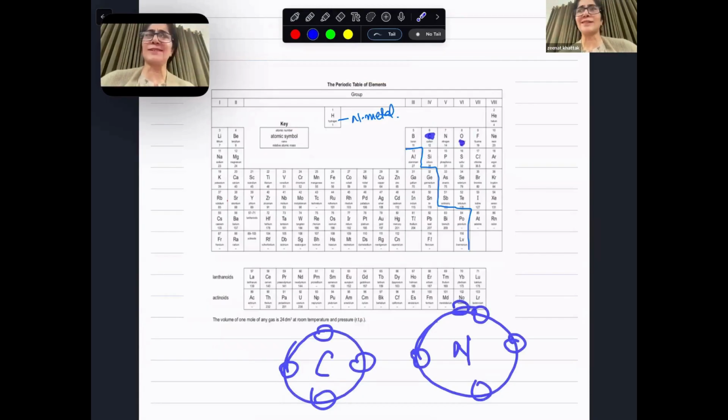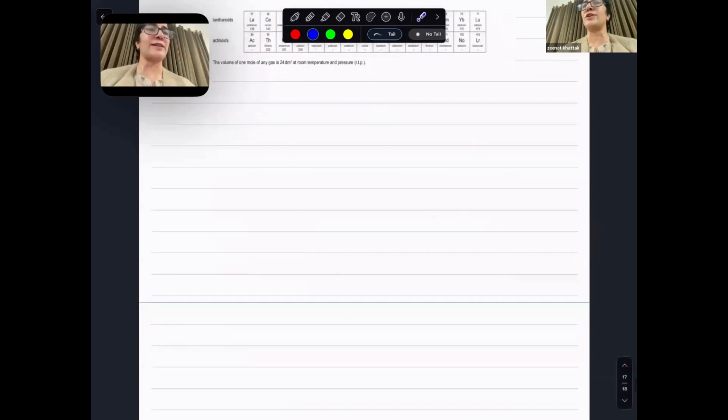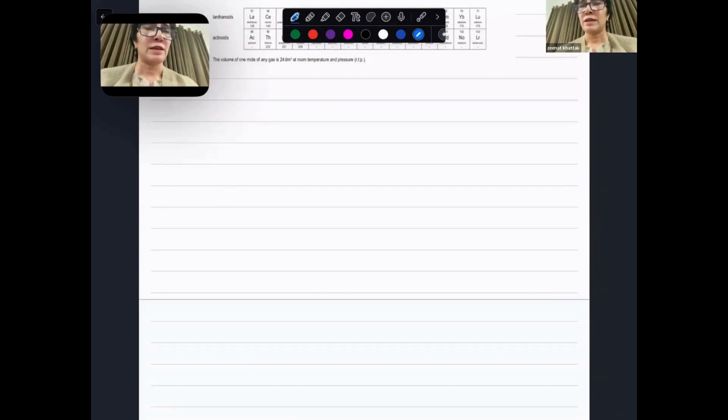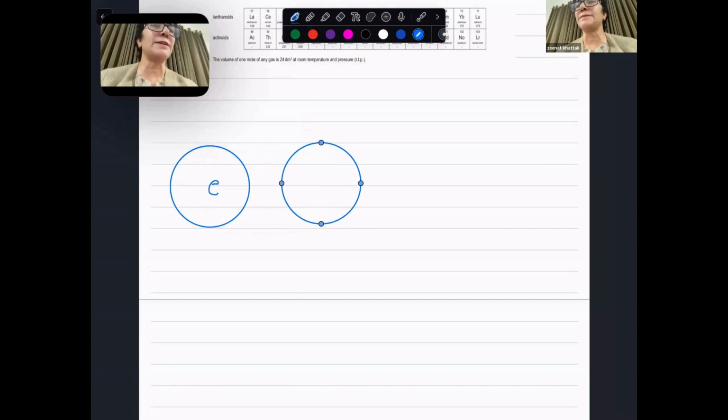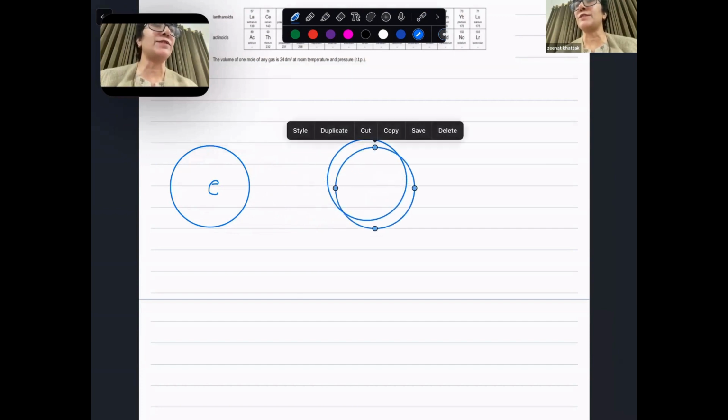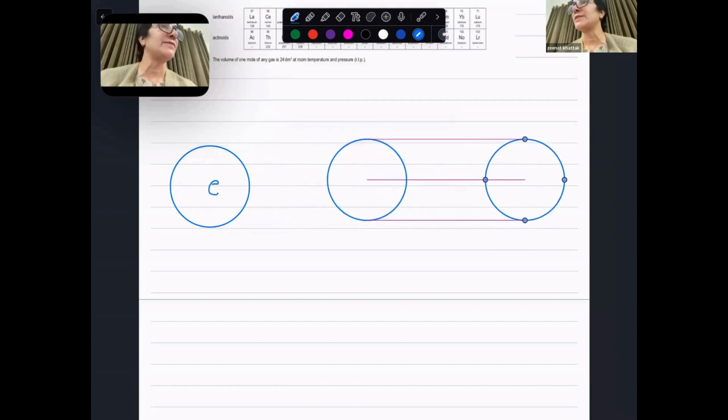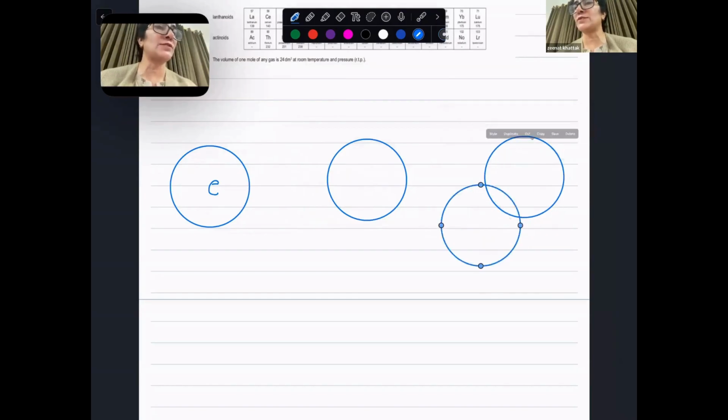Oxygen, group 6, has 6 electrons. Fluorine has 7.